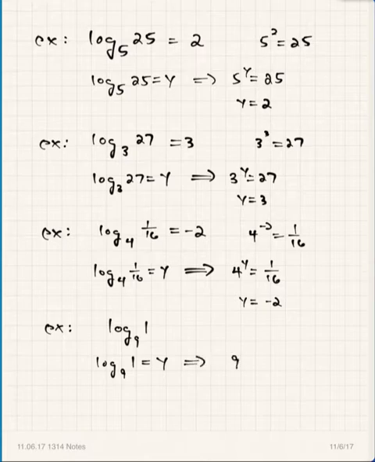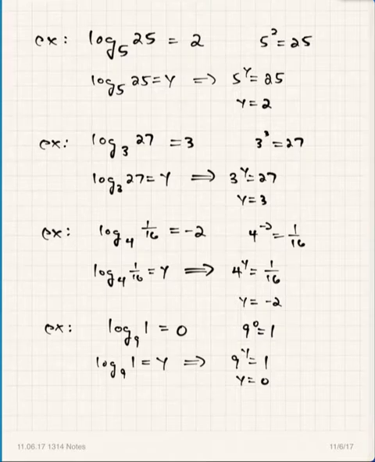And so this would tell you that 9 to the y has got to be equal to 1. And so what power do you raise something to so you get 1 as the answer? Well, that would be 0. 9 to the 0 is equal to 1. And so logarithm base 9 of 1 is equal to 0. And the reason why is because 9 to the 0 is equal to 1. That's the power you raise 9 to get 1.